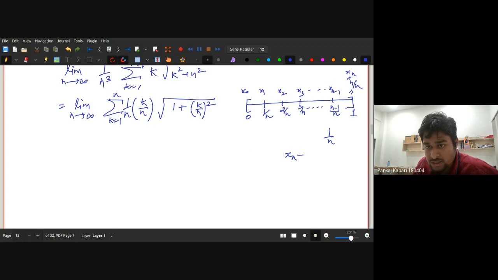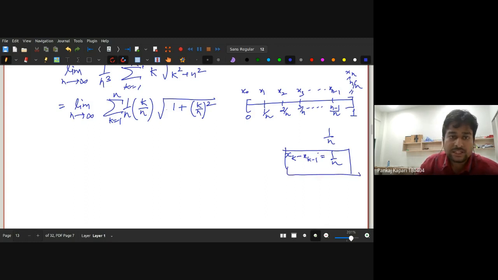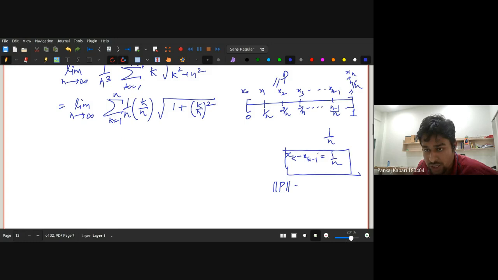This is just xk minus x_{k-1}. So the length of the interval is 1 by n, which we were saying. Now you can see that this particular factor is just the length of each subinterval in this partition. Further, the norm of the partition, because each subinterval has constant length, is also 1 by n.